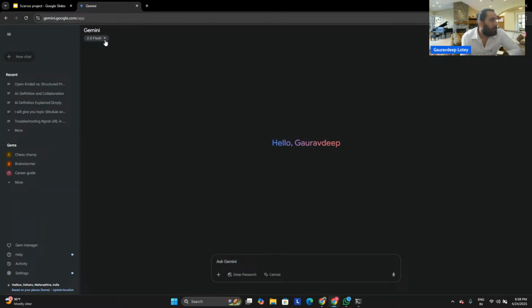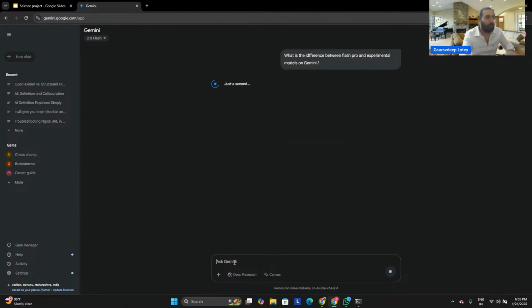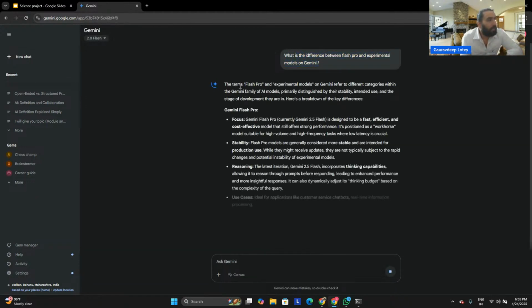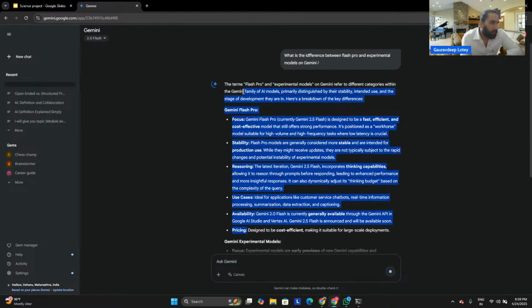If I go to Flash, Pro and deep research, and I just ask it, what is the difference between Flash, Pro and experimental models of Gemini? So this is my question right over here, and this is the answer coming in from the raw LLM itself.